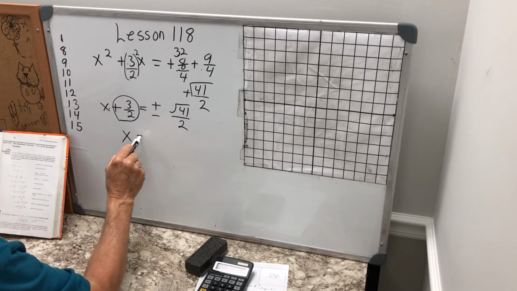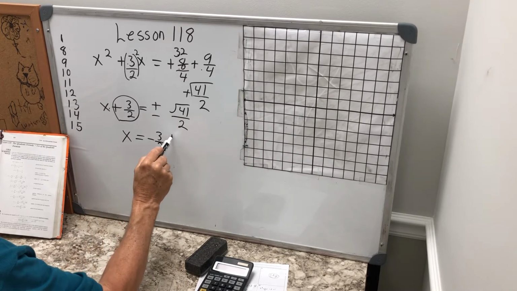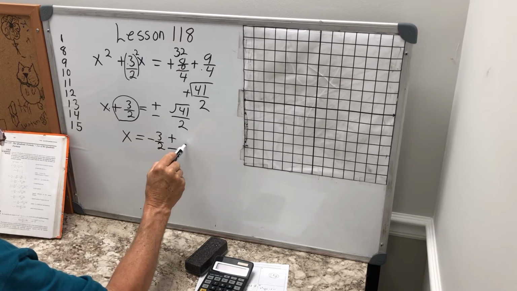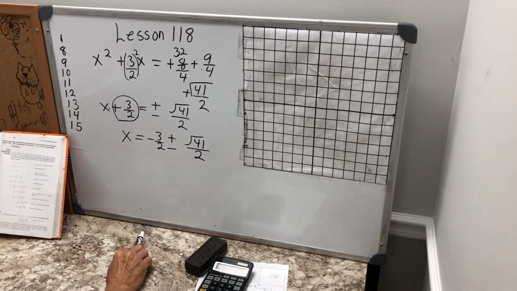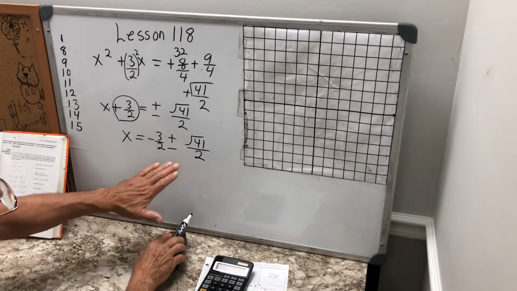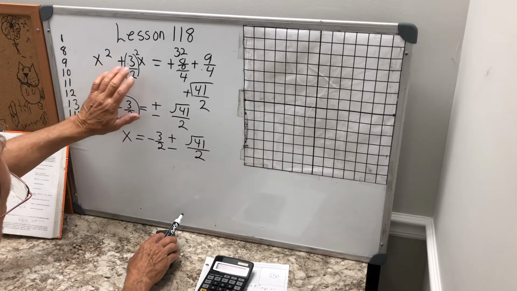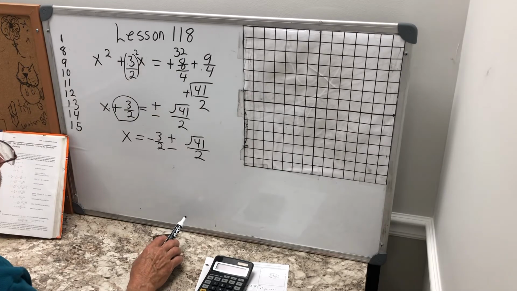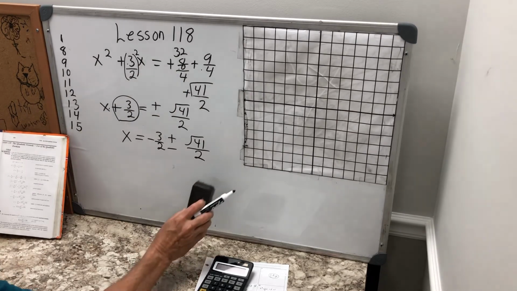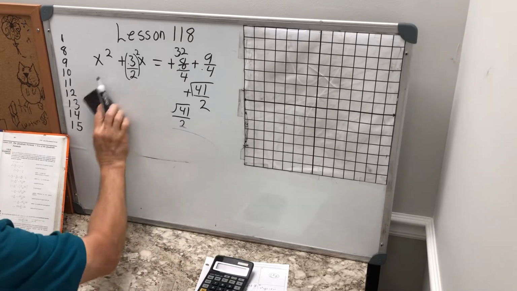X equals negative 3 over 2 plus or minus square root of 41 over 2. That is your answer. And again, if you would substitute what we've come up with for x back into these where the x's are at, we would come up with a true statement. Right? So here, make sure you got it. This is your answer. That's number 9.